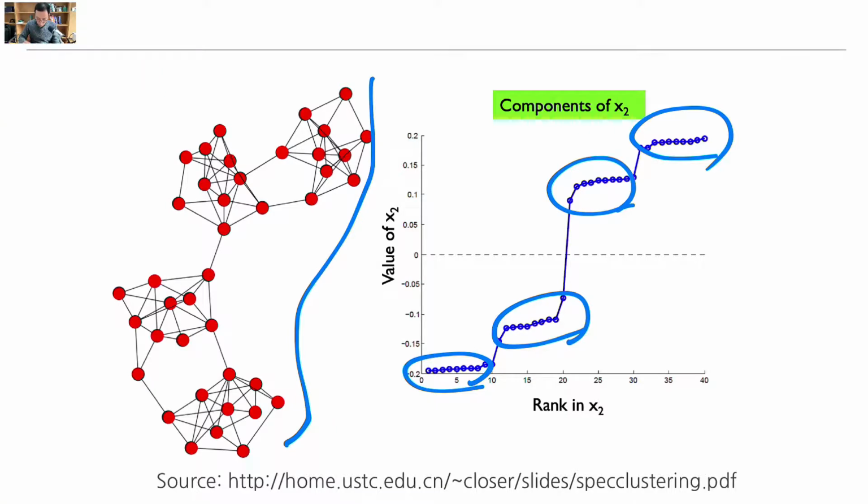When we just use the sign, we're not able to find the four clusters. But in this case, this is one-dimensional data though. So when we use the k-means, the centroid will be placed here, likely to be placed here, right? So when we run the k-means on this one-dimensional data vector, we get these.